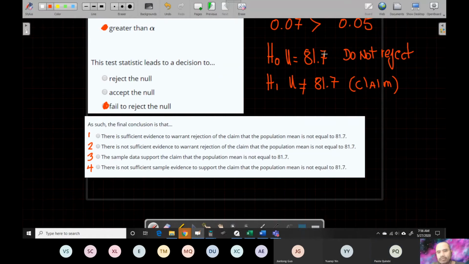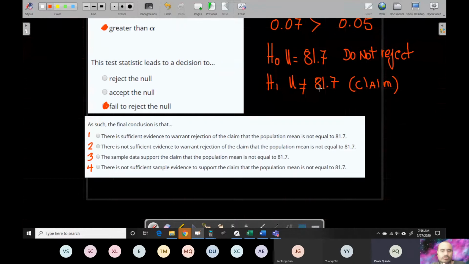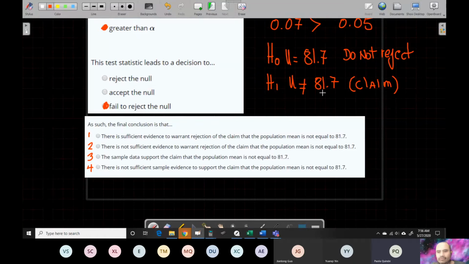So if we don't reject this, then definitely this doesn't come true. Let me put it in other words, we accept it. Basically, if we don't reject it, we're accepting it. So one of these two is the one that we accept, and the other one we don't. So if we accept this, what happens to this? Reject. Yeah, basically, we're not going to use those words, but that's basically what you're doing. We are not rejecting this, so we have to reject that.